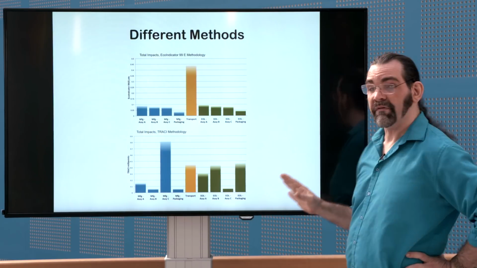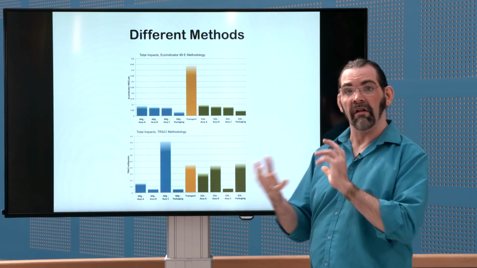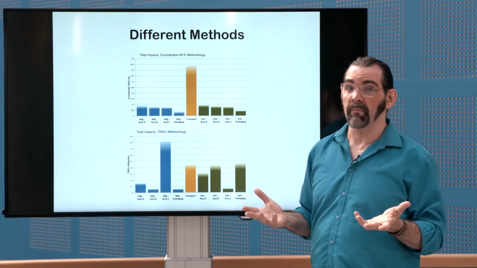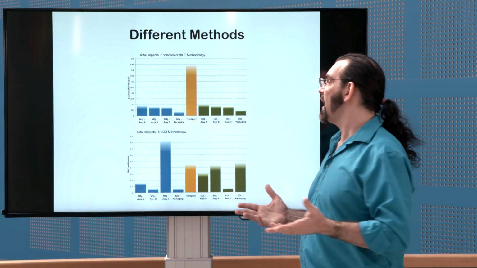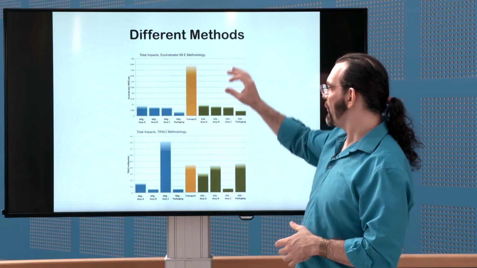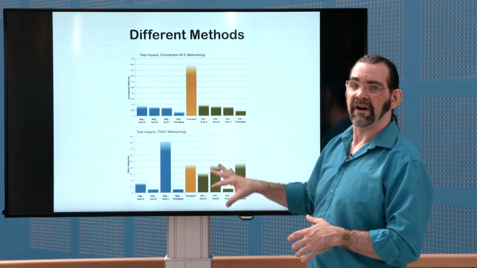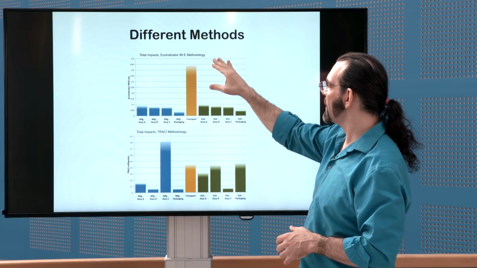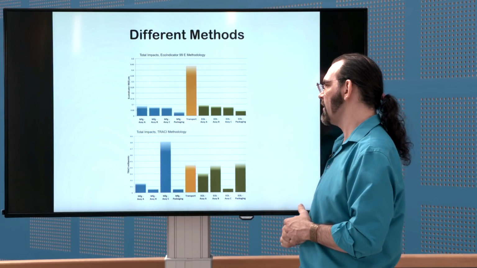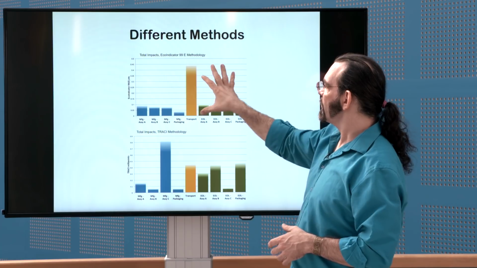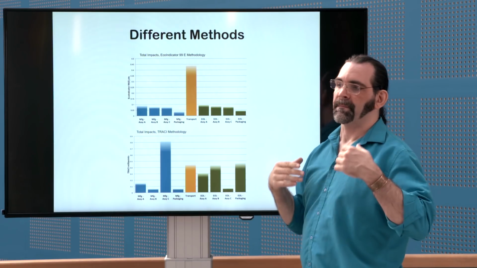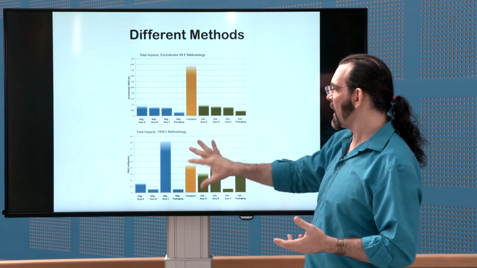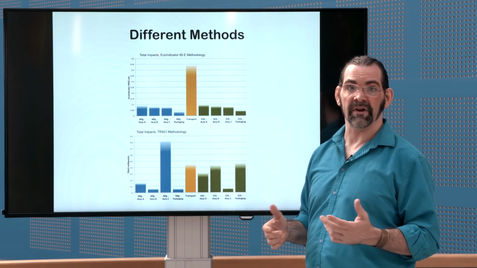But I do have to warn you that these different methodologies for normalizing and weighing can come up with very different impacts. And so this is two different analyses for the same product done with the Eco-Indicator 99 methodology and the TRACI methodology. And this one weighs climate change and fossil fuel depletion much more heavily than the TRACI methodology.